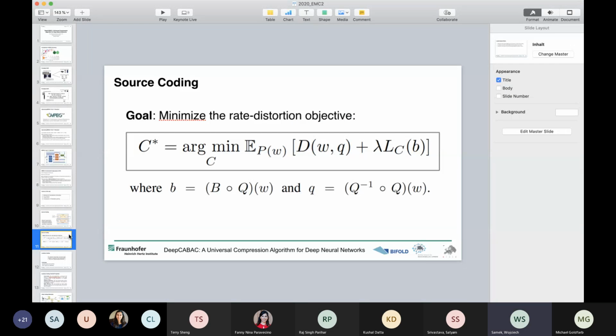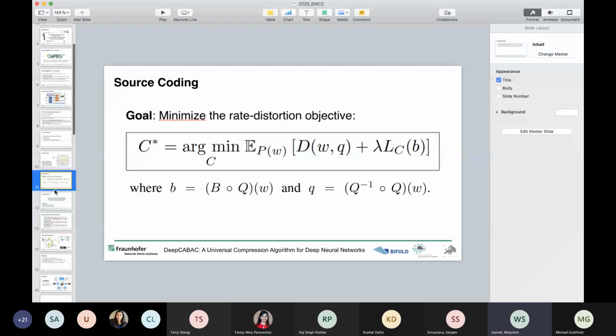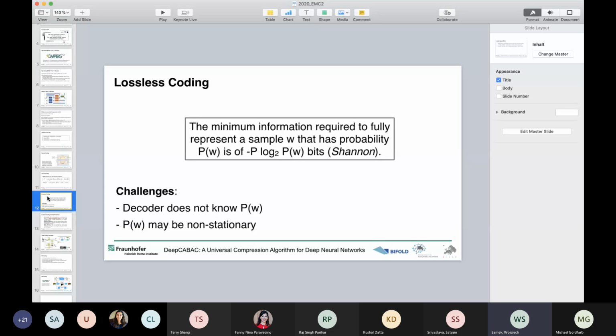So you want to optimize both objectives at the same time. And in most cases, optimizing this is NP hard. Therefore, you have to rely on approximations, or you have to simplify the problem. But we will come back to it later.